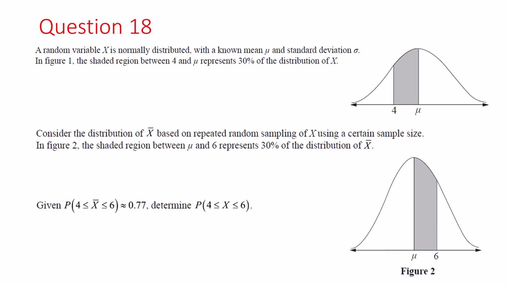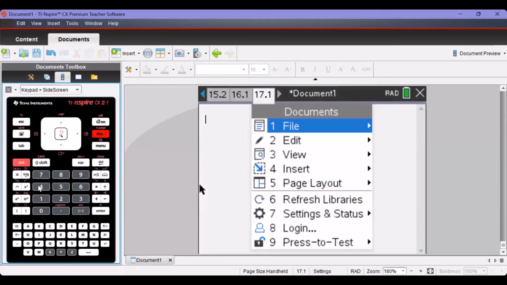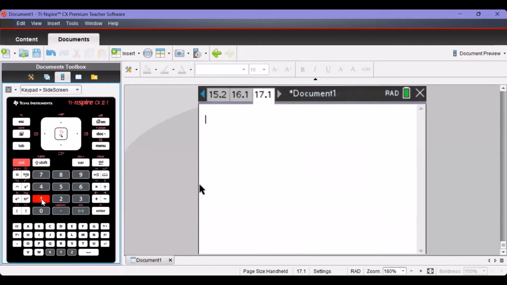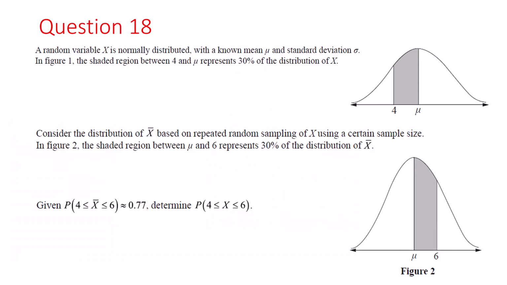Question 18, press doc, 4 for insert, 1 or enter to insert problem, and 1 or enter to add a calculator. So we need to form 3 equations here. From the first diagram, we can form the equation (4 - mu) on sigma is equal to the inverse normal of 0.2.